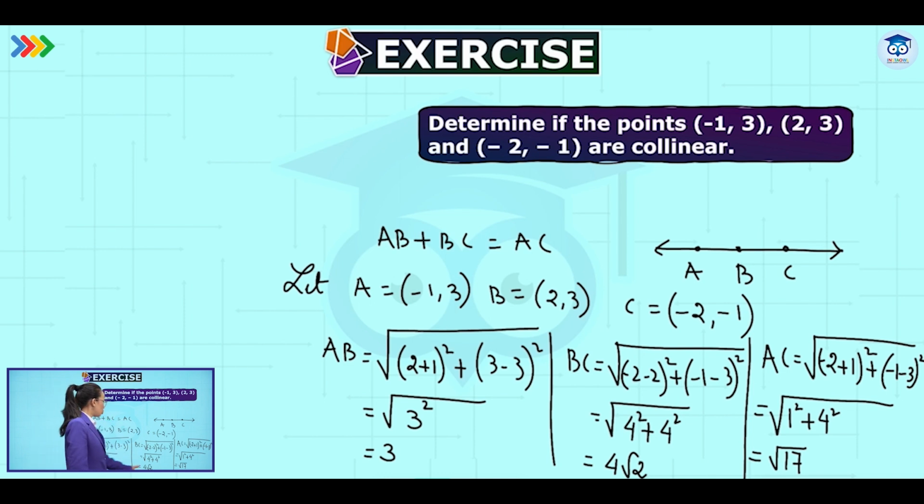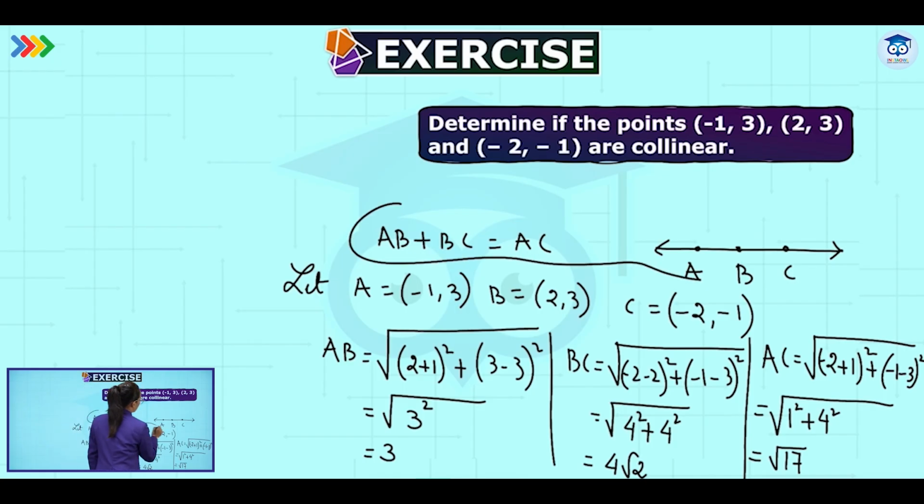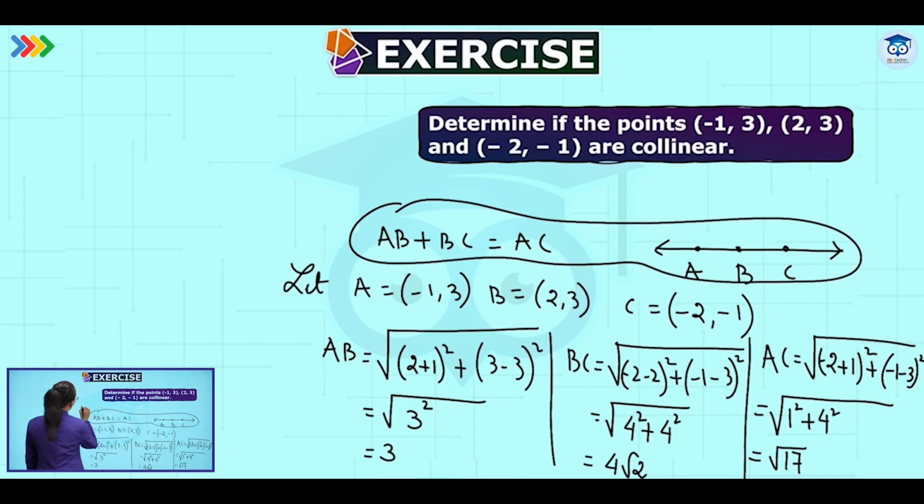So the addition of these 2 will not give this. So we can conclude that AB plus BC is not equal to AC. Therefore, the points are not collinear.